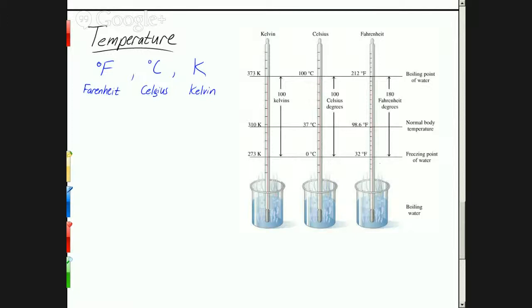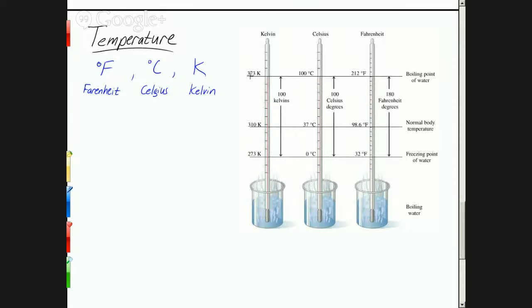So we have to convert those. We have to make the degree size change. But we also have to change the offset because they don't all start at 0. Celsius, and then Kelvin is 100, and Fahrenheit is 180. That's the number of separations between the freezing point or melting point and the boiling point.